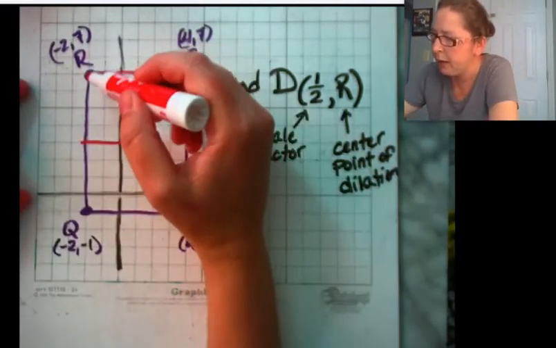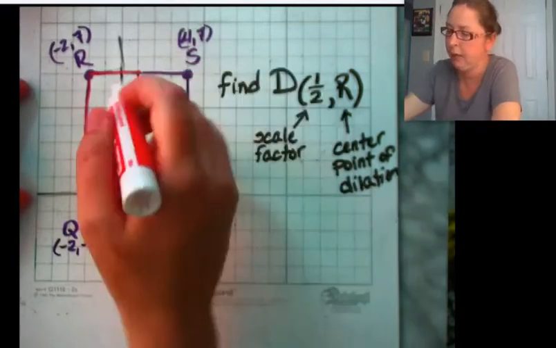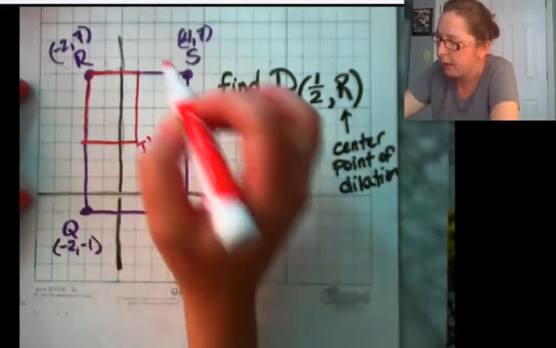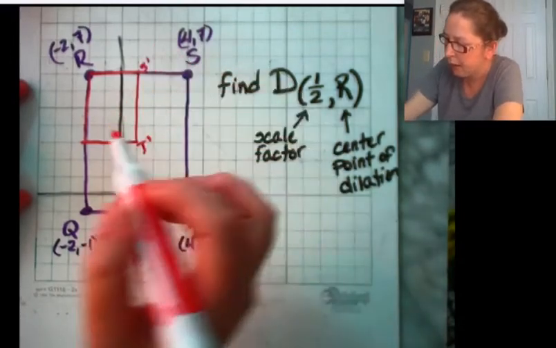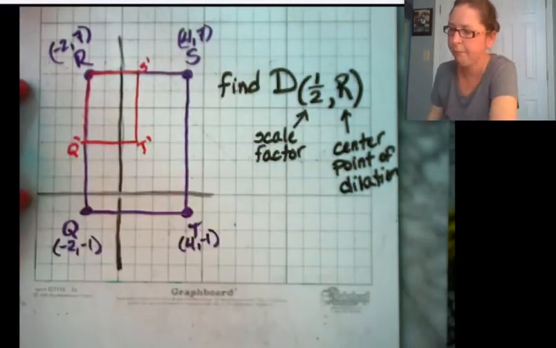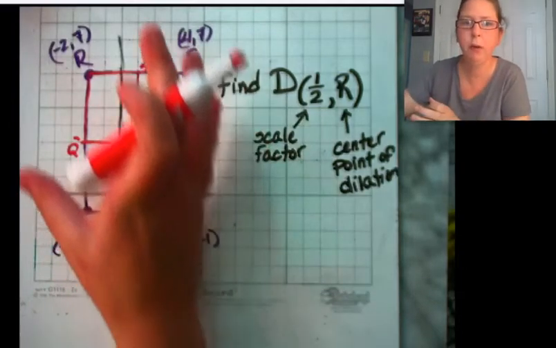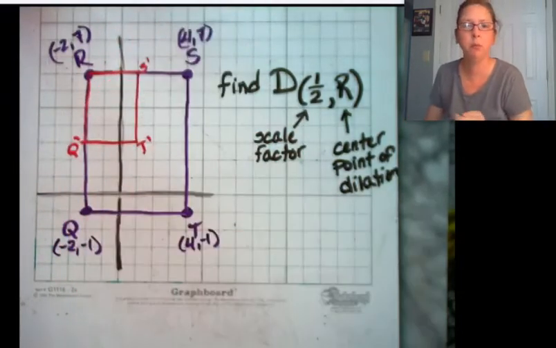And this would be my image right here, where this would be T prime, S prime, Q prime. It's half the size, and it kind of squished its way up towards point R. That's really what they want you to do. Okay.